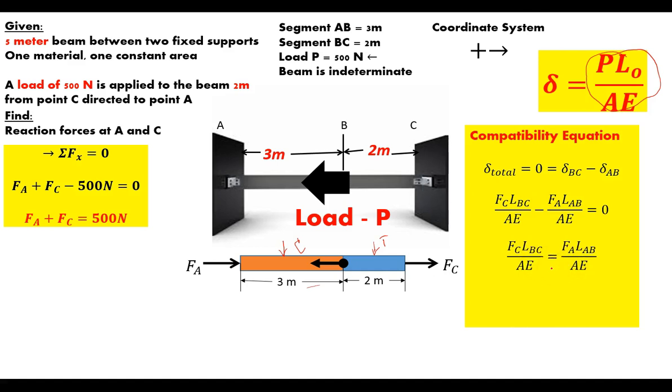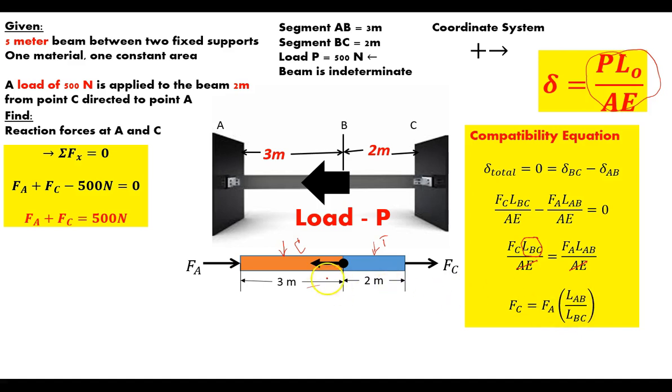And another interesting thing, since it's all one material and all one area, is that the areas cancel out and the modulus of elasticity cancels out. So what we end up with is that the force at C times the length of BC is equal to the force at A times the length of segment AB. And if we divide both sides by the length BC, we end up with this equation here, that the force at C, that reaction force, is equal to the reaction force at A times the ratio of the two lengths.